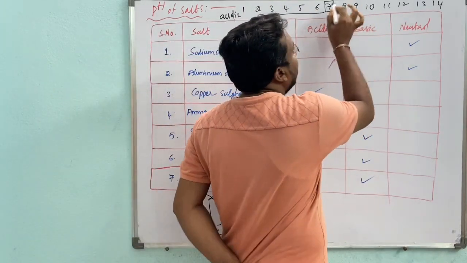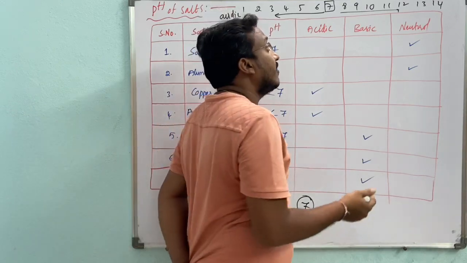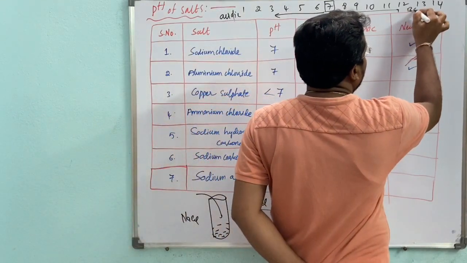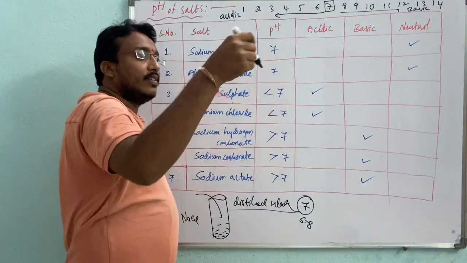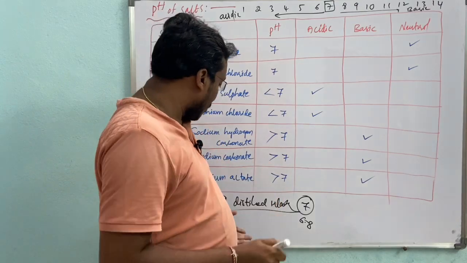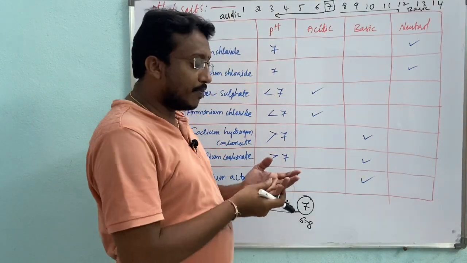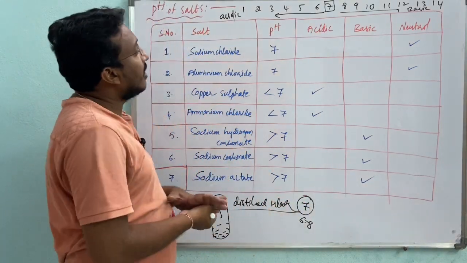If the pH is increasing, greater than 7, then they are basic substances. Like that, when we dip the pH indicator in the given solution, it gives the pH of the given solution. Here we have already tested.